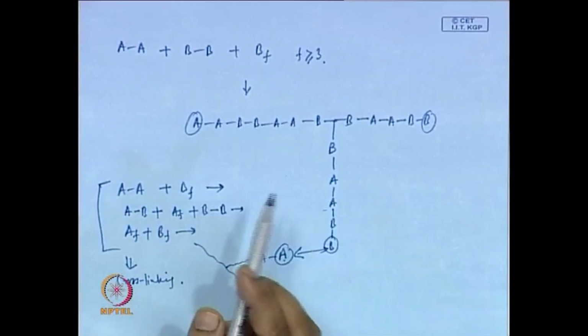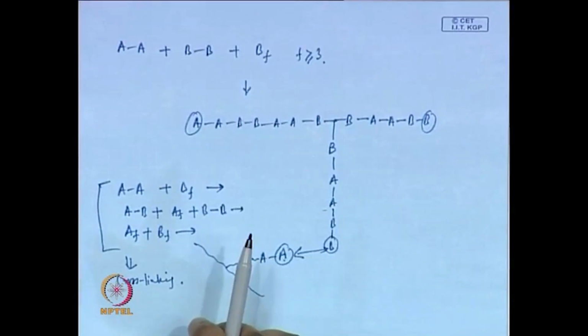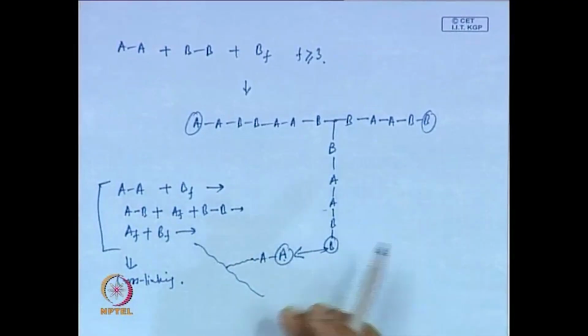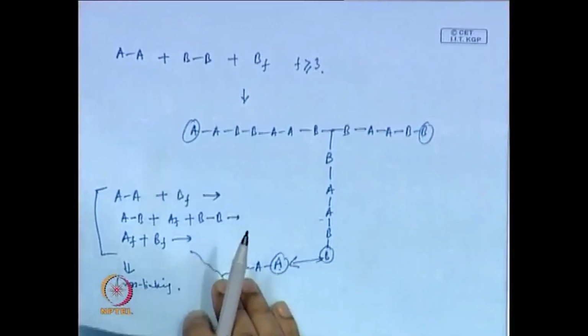So, you understand, if I have a polyfunctional group which has functionality more than 2, that is 3 or more, then depending upon which reaction system we are talking about, there is a possibility that it may form cross links. Now, what is the molecular weight distribution in this case?